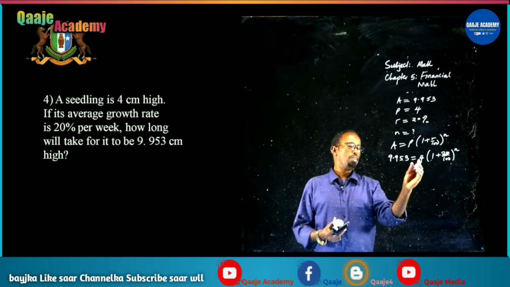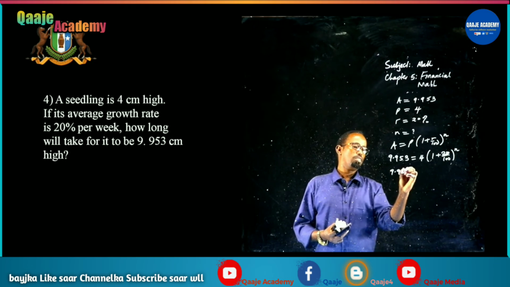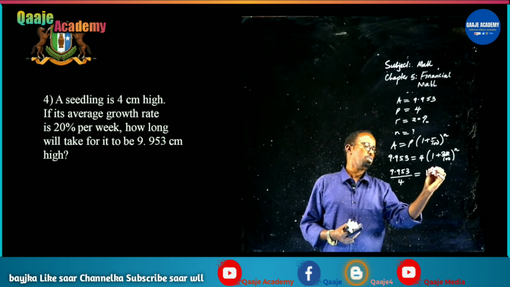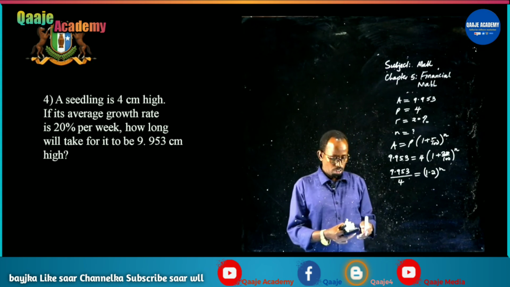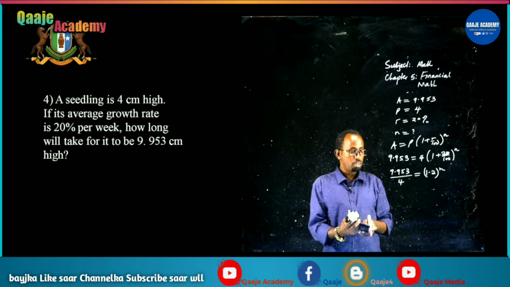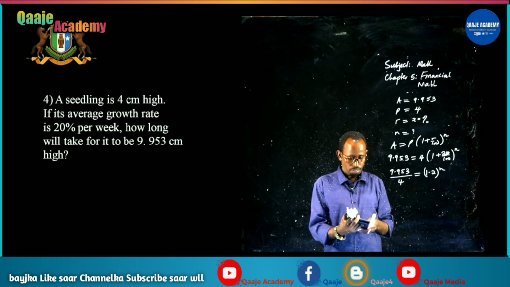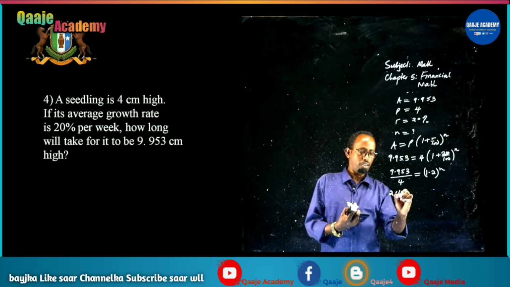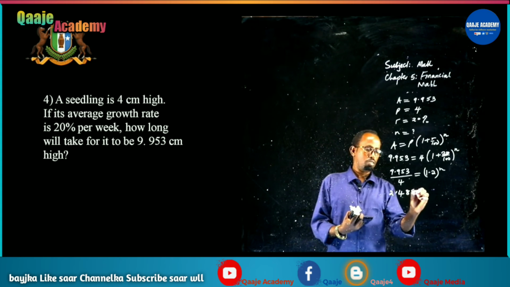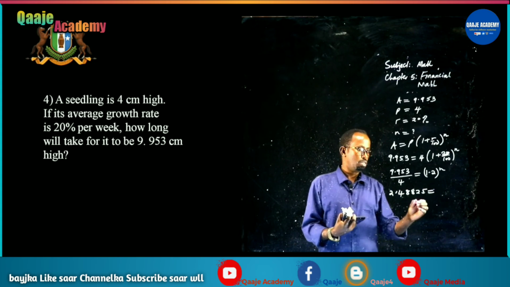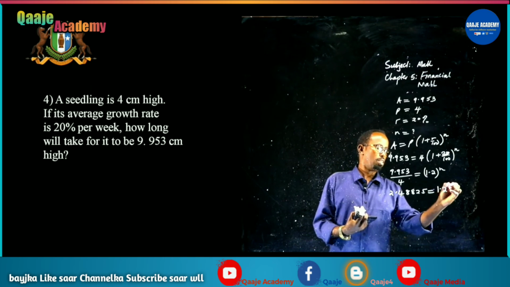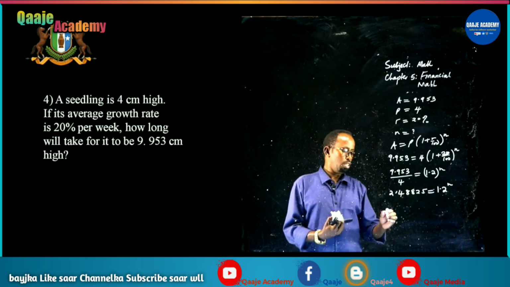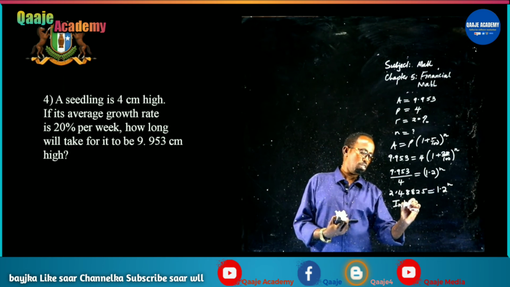So what you do is you divide. You say 9.953 divided by 4 is equal to, this is the same as 1.2 into bracket N. So I divide 9.953 divided by 4, you get 2.48825 is equal to 1.2 to the power N. So to find the value of N, we'll introduce log.